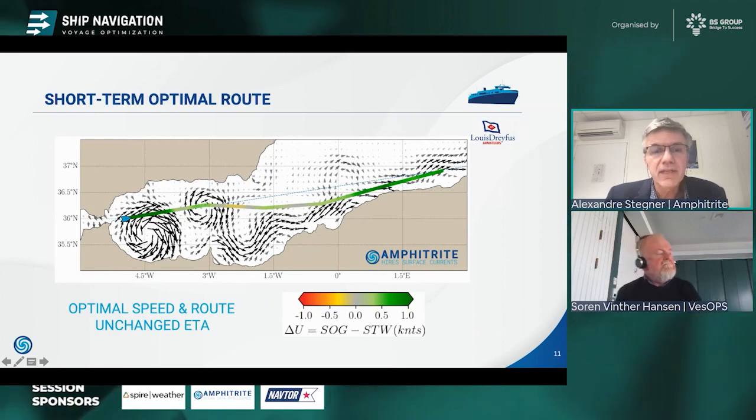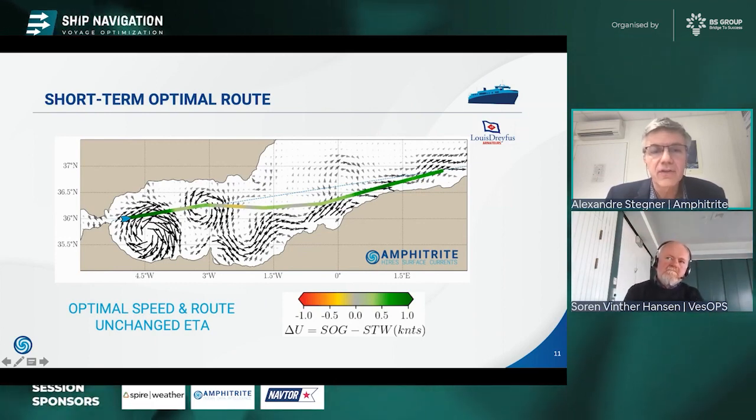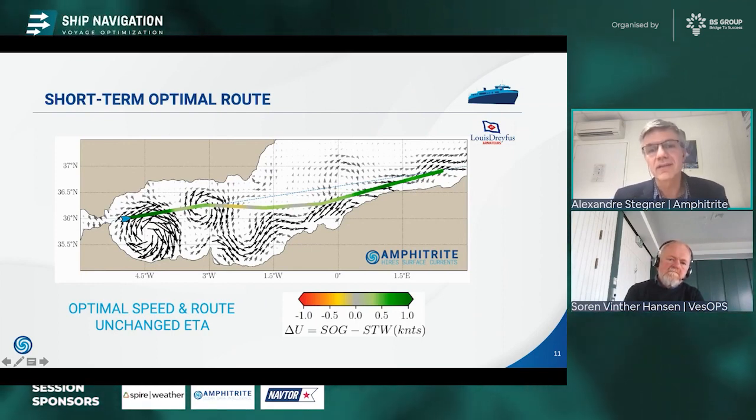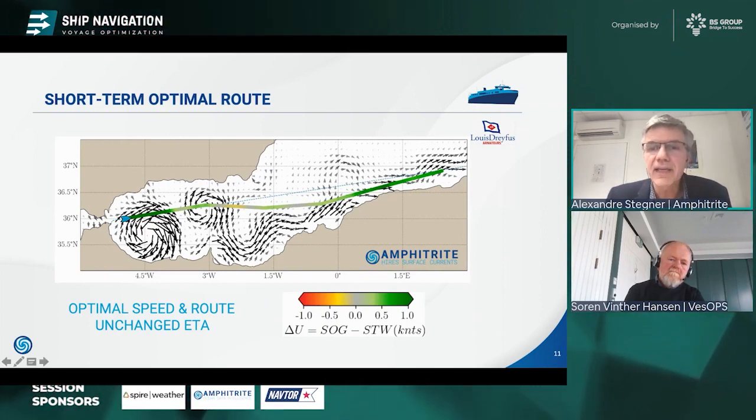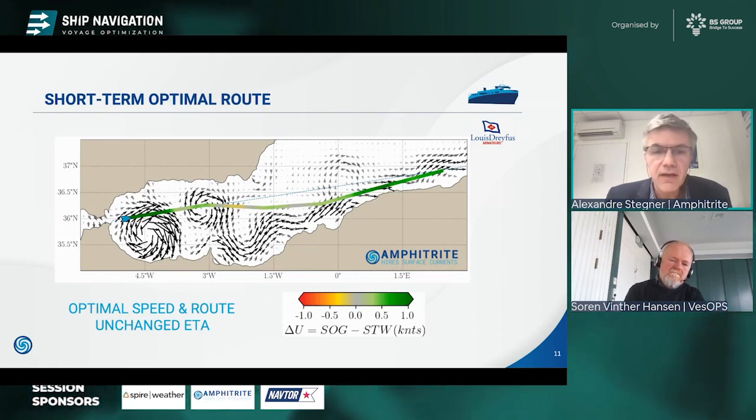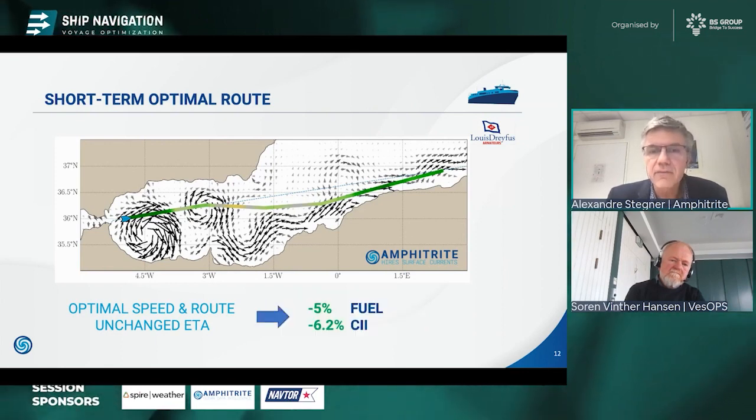When it's green, you have an acceleration of the ship due to the currents, and when it starts to be orange or red, you have a lower speed or speed reduction. And by playing with the route, you can optimize the speed and the route, keeping the same destination time, the same ETA, and then you can save, in one day, 5% of fuel and 6% of CII in that case.